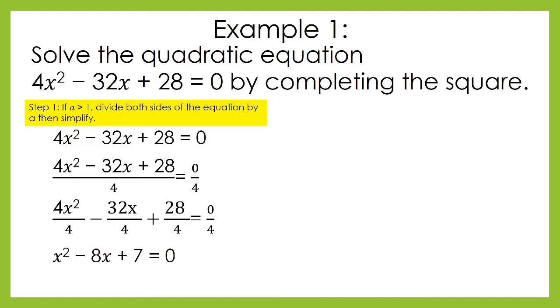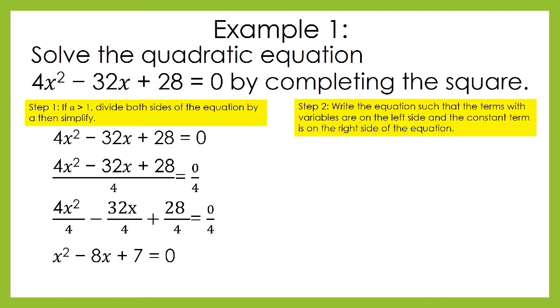Negative 32x divided by 4 is negative 8x. And 28 divided by 4 is positive 7. And 0 divided by 4 is 0.